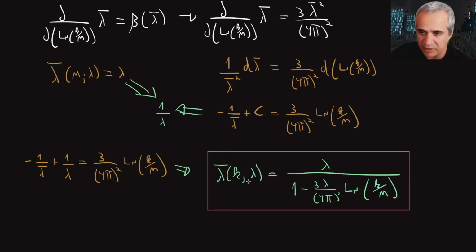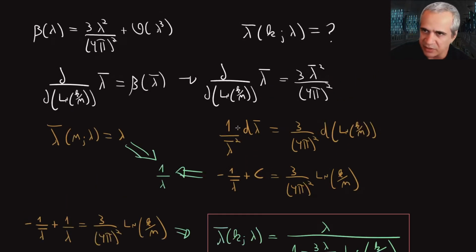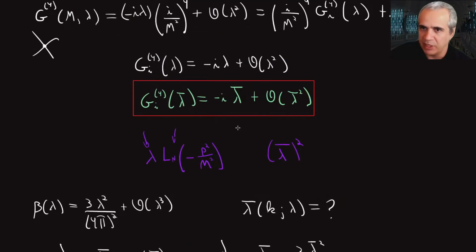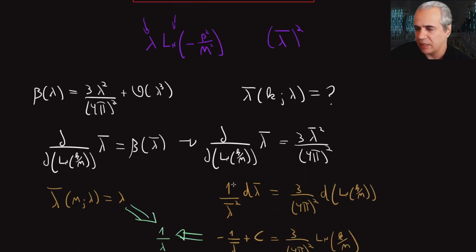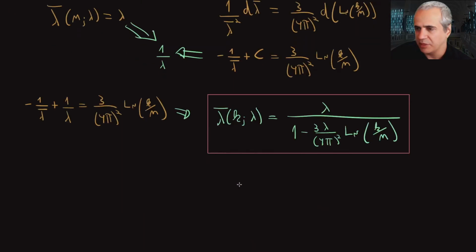We'll compare this with the Wilsonian approach pretty soon. But also in this case, you can see that lambda bar is what really controls the 4-point Green function, if I move away from k equal m.